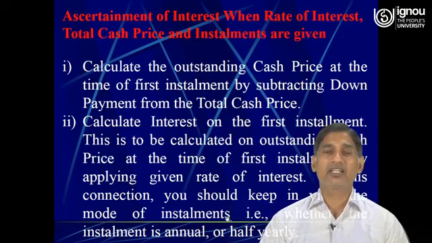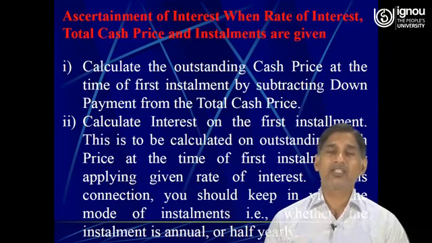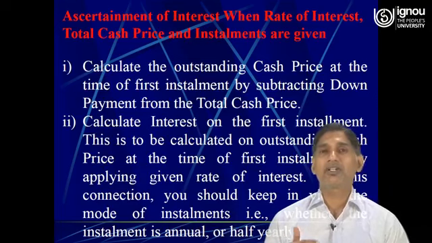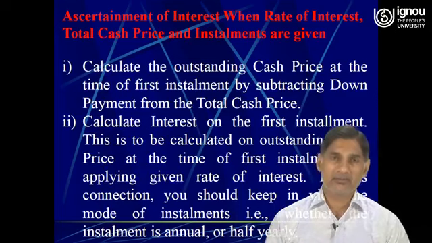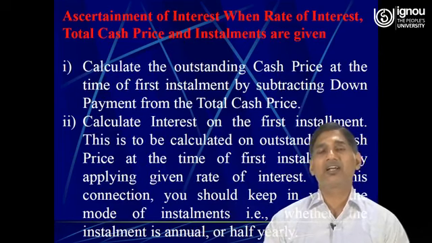In this connection, learners should keep in view the mode of installment. It means they must know whether the installment will be paid monthly, quarterly, half yearly or yearly. It must be very clear to both the parties.